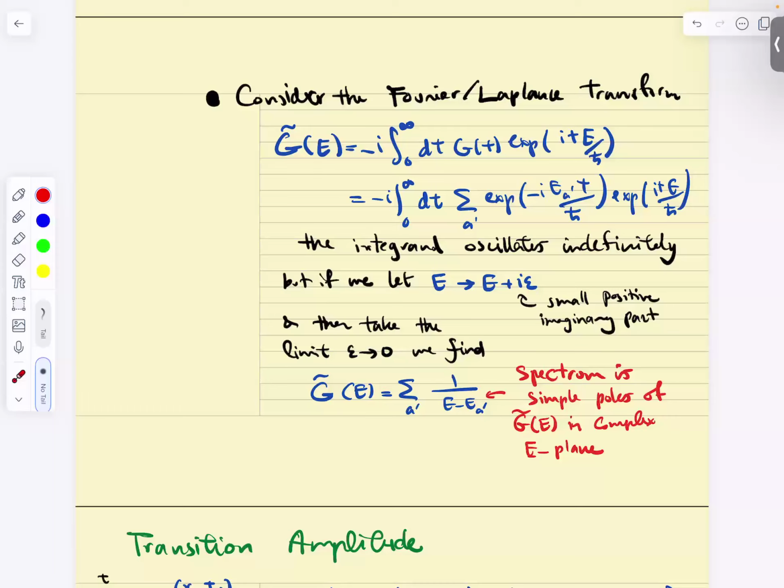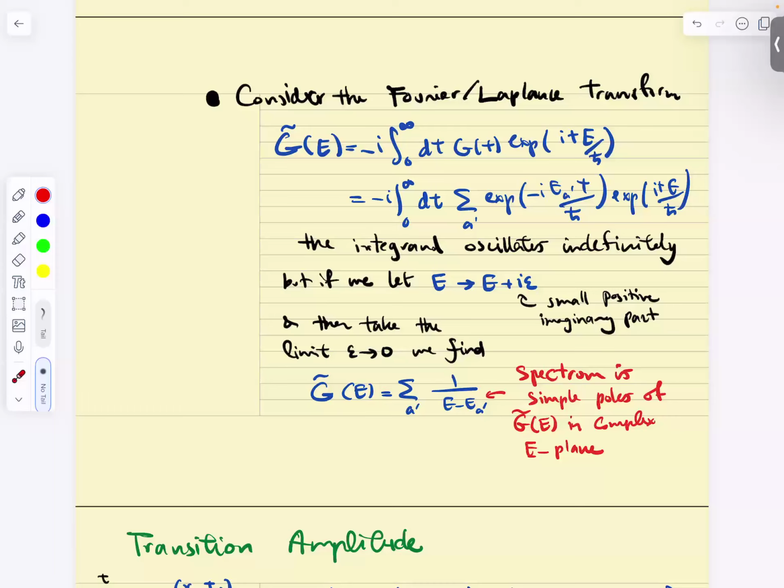Up to 2 pi's or something. Right? So this is the physics of that. What you obtain is that the Fourier transform of the trace of the time evolution operator is this function.